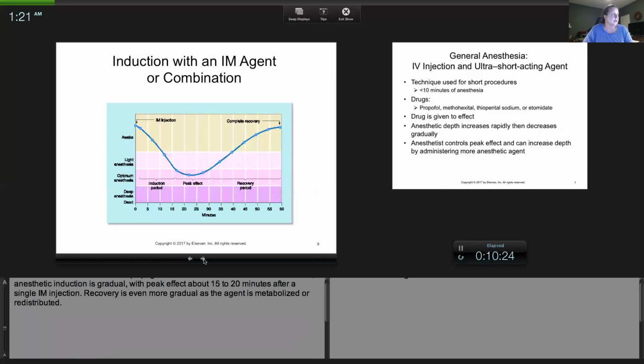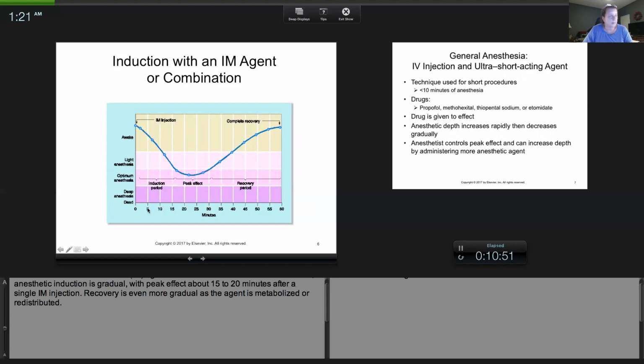You're going to see these graphs here, which will be helpful. What it shows you on the bottom is minutes that have elapsed. At 0 minutes, you give the injection. Now you see they're awake and this slope starts to go down. Light, optimum anesthesia.